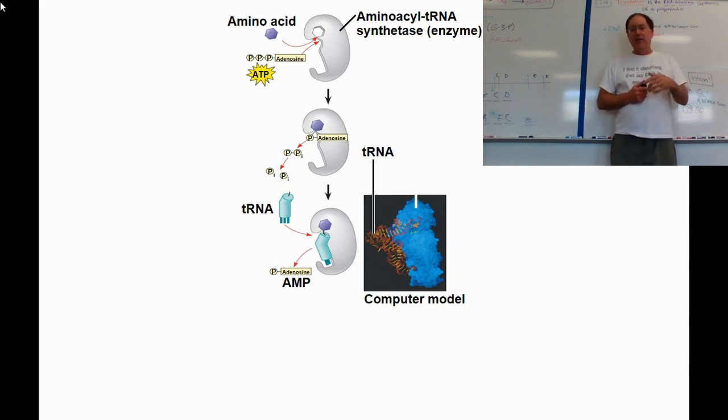Well, I had a student this last year who got a 5 on the test and who's way smarter than I am. She said, what if there's only one aminoacyl tRNA synthetase enzyme?